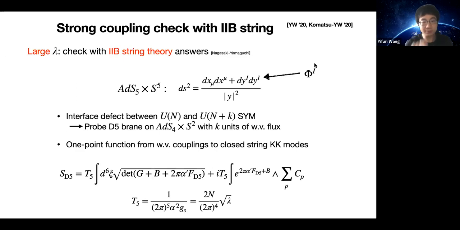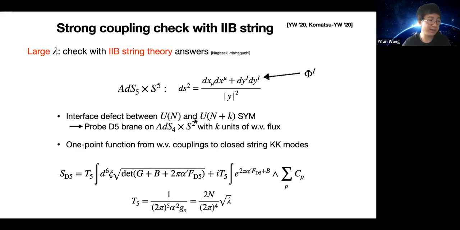The interface defect that I described, given by a D5 brane interpolating between U(N) and U(N+k) super Yang-Mills theory, would correspond to a probe D5 brane in this geometry, wrapping a submanifold AdS4 times S2 with k units of world volume flux threading this S2.